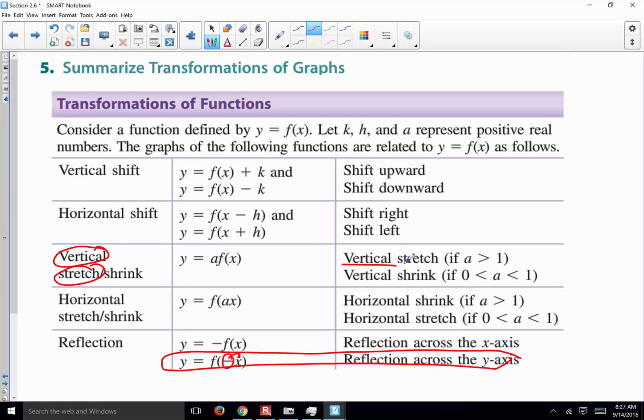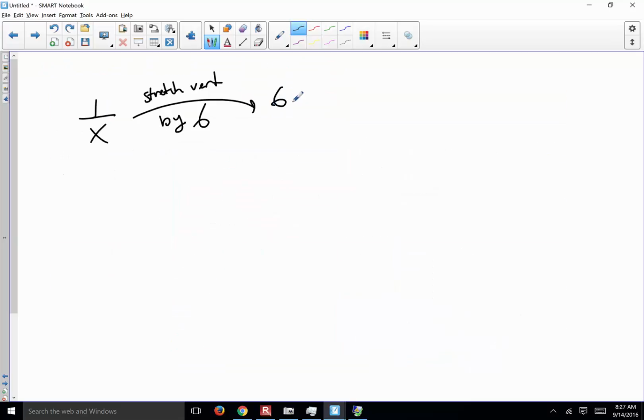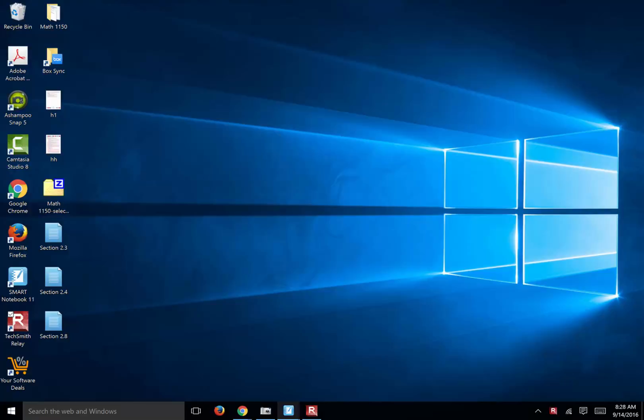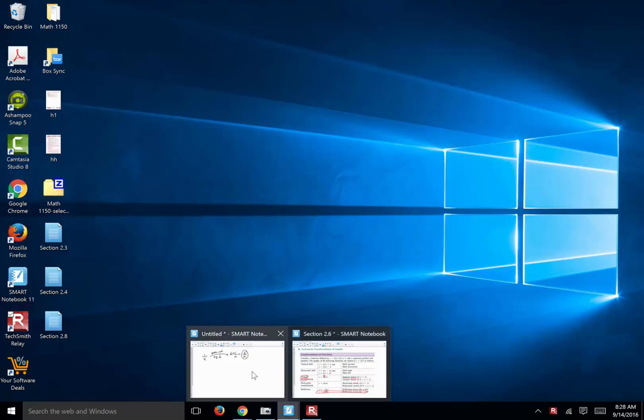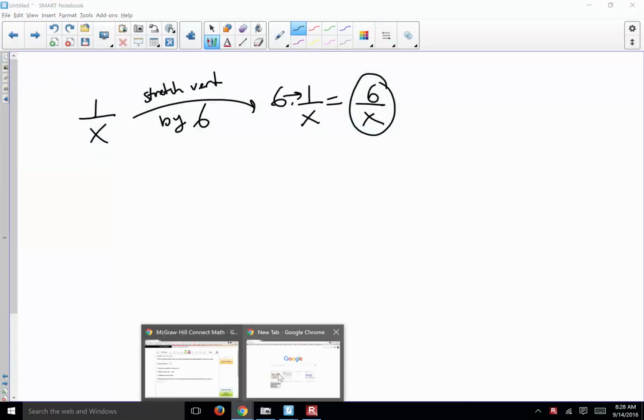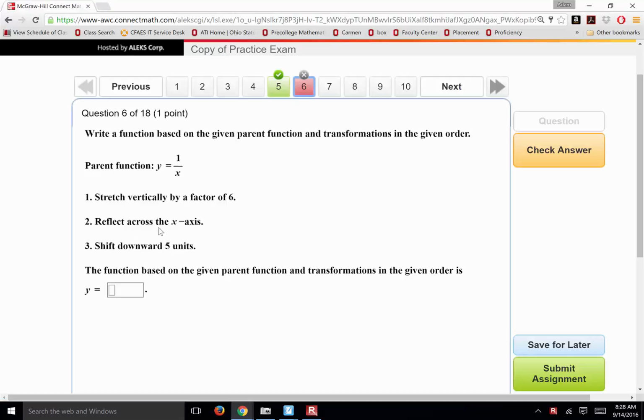Vertical stretch happens if you put that number 6 outside of the whole function. So I'm going to put 6 and multiply with 1 over x. Or you can really multiply this 6 times 1 and make it 6 over x, right? So this is my final product after the first step. I don't want to lose that. Okay. So second step is to reflect it across x-axis.